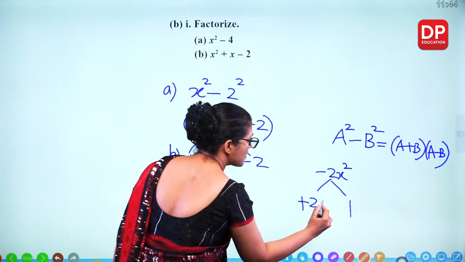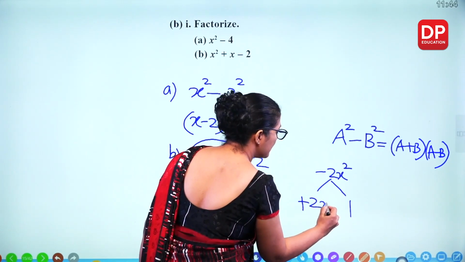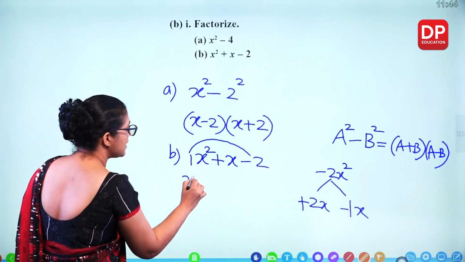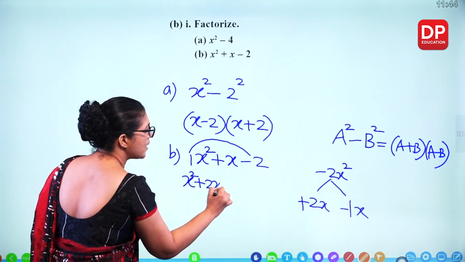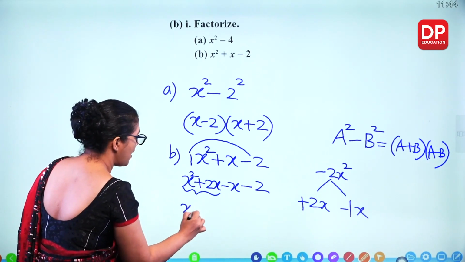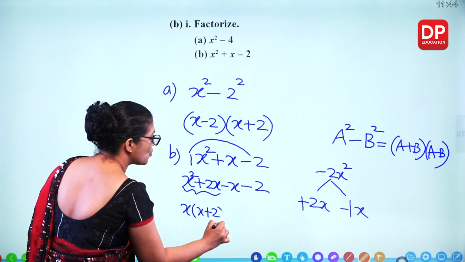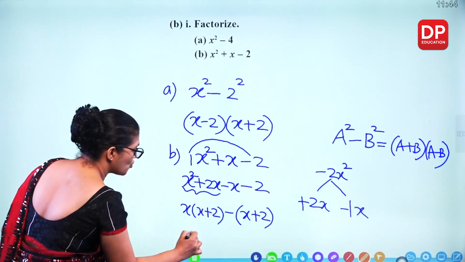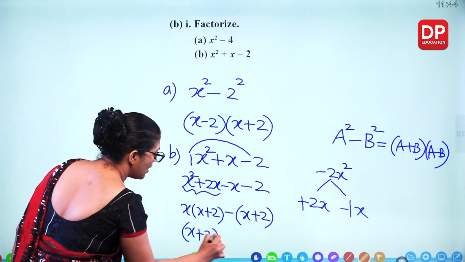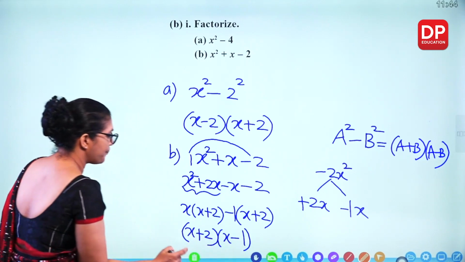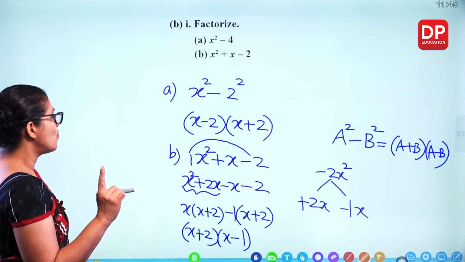This should be plus because plus is in the middle. This should be negative. So split the middle term to 2x and minus x. Take 2 at a time and write down x plus 2 and take minus x plus 2. X plus 2 is common, take it out and this is x minus 1. So those are the 2 factors.